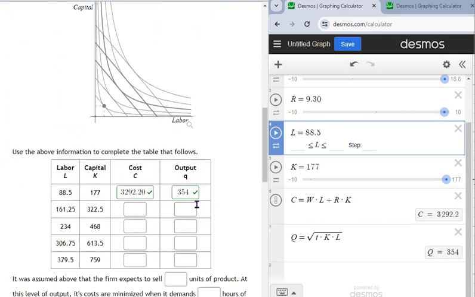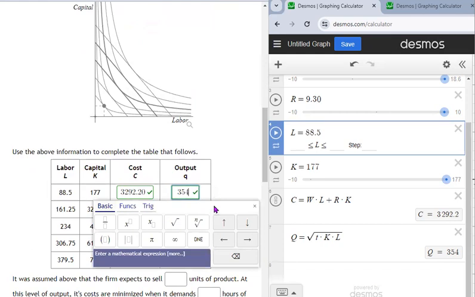Now, notice when I hit enter after typing 354 there. This dashed line below this dot is labor at 88.5 hours. And the dashed line to the left of the dot is the capital level of 177. So if we expect to sell 354 units of output, cost is minimized at this dot.